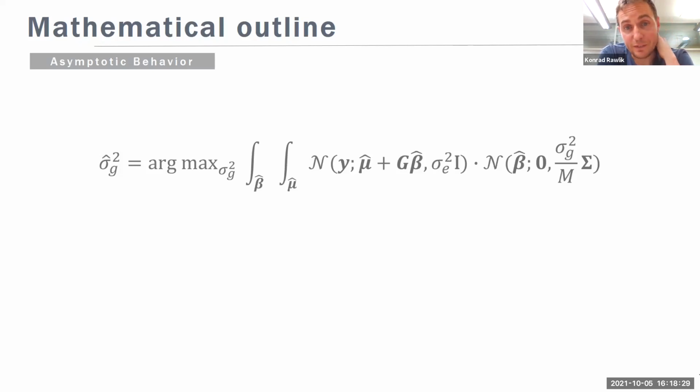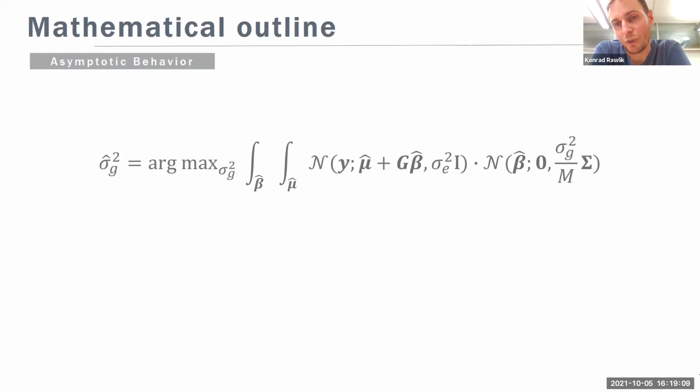So what I've written on here is the same equation as above in a slightly different form, which you might be familiar with. It's commonly the starting point for the genetic linear mixed model, which is that you have a regression, which is the first Gaussian under the integral, the phenotypic mean plus the breeding values given by the multiplication of the genotype matrix G and SNP effects, with some Gaussian independent noise.